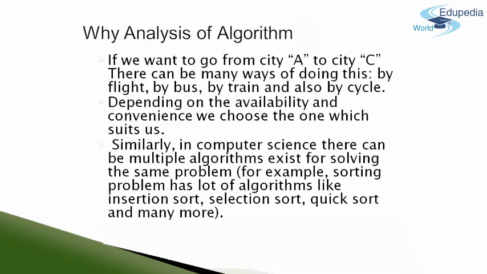So, depending upon the availability and convenience, and obviously our budget and the time that we have to go. For example, if we have ample of time, we can choose to go by cycle. But if we have to reach there urgently, then we might choose to go there by flight also.